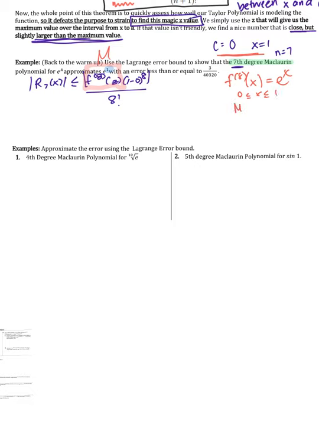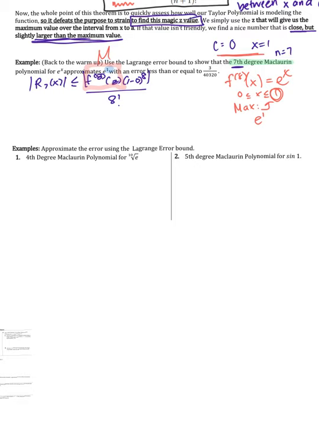And we are trying to maximize what we're talking about on this interval. We're trying to maximize our value between 0 and 1. So that is going to happen when x is equal to 1, which means our m value would be e to the first power.